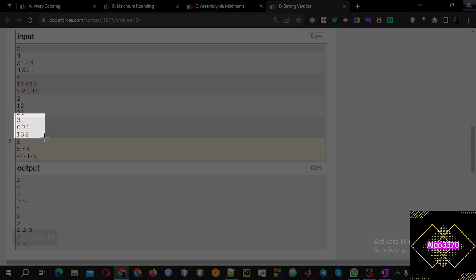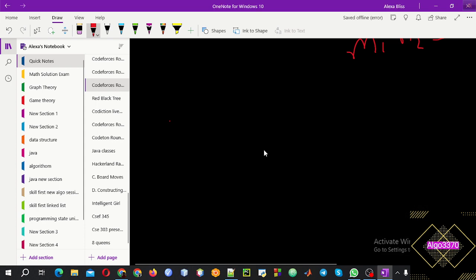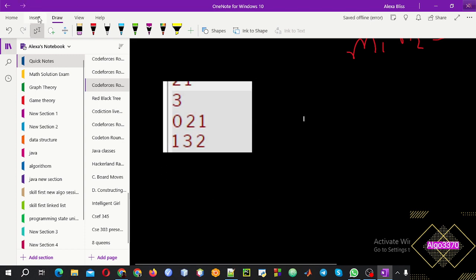Just pick this example. Here the value of the array C will be minus 1, minus 1, minus 1. What is the maximum value of C? Minus 1. How many minus 1s do we have? 3.